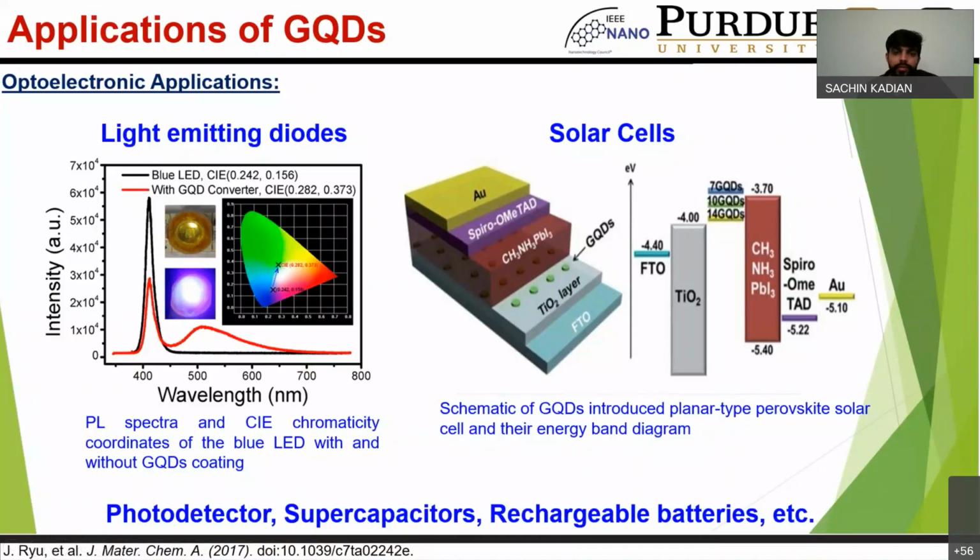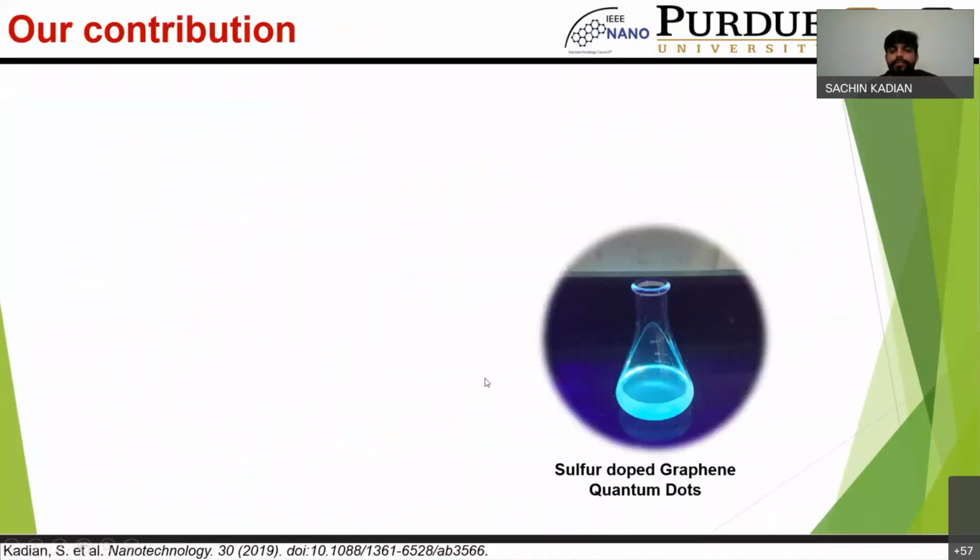But the one main research gap which we found was that the fluorescence quantum yield of GQDs is still poorer than the traditional semiconductor quantum dots and the dyes. So we started working on that, and we thought to work on the doping of sulfur atoms into the graphene quantum dots, and see what would be the effect of heteroatom doping on the fluorescence and quantum yield of the graphene quantum dots.